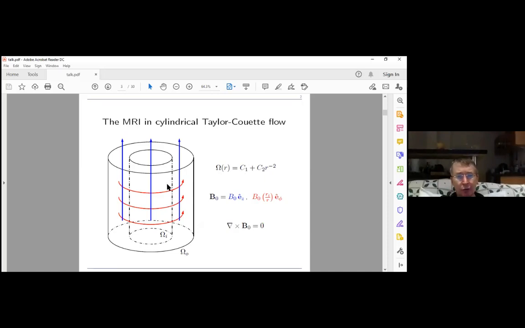So also, what sort of externally imposed magnetic fields could we have? Well, there's the bit indicated in blue here. That is just a constant axial field like so. And that would be easy enough to set up in a laboratory setting. If you just have a whole bunch of external Helmholtz coils around your cylinder, then it's pretty easy to set up a uniform axial field.